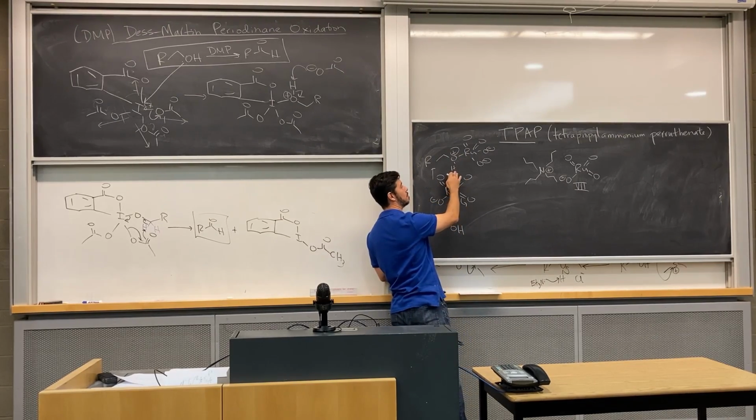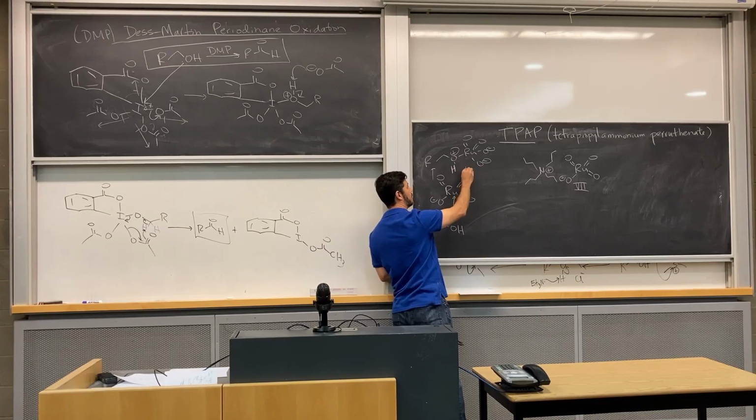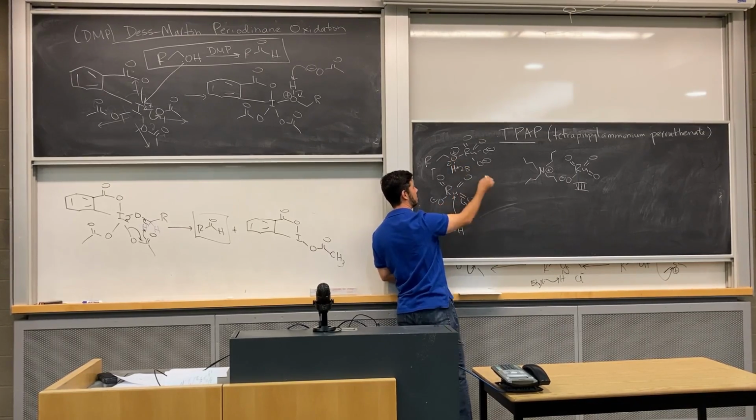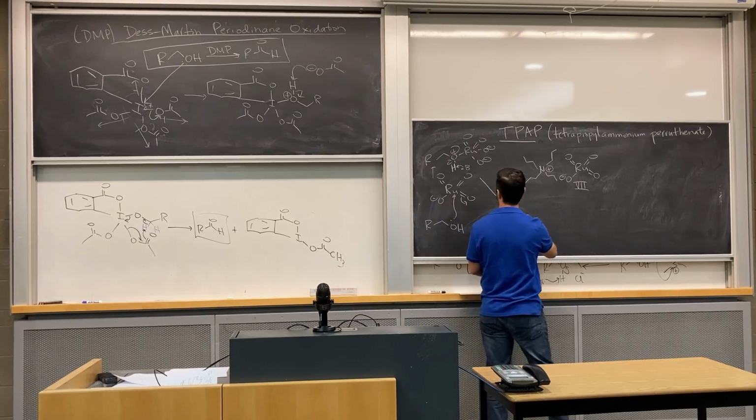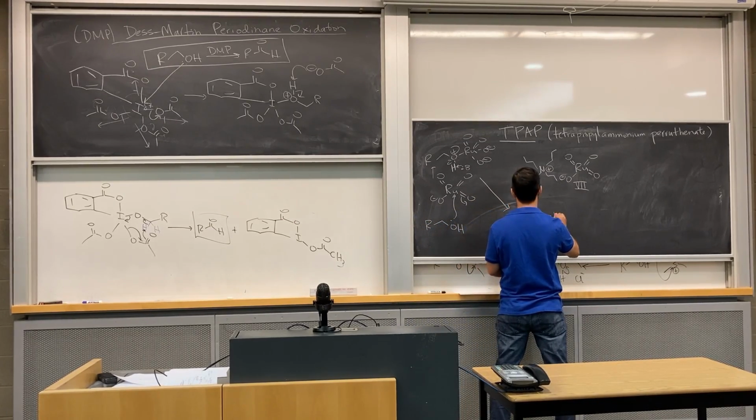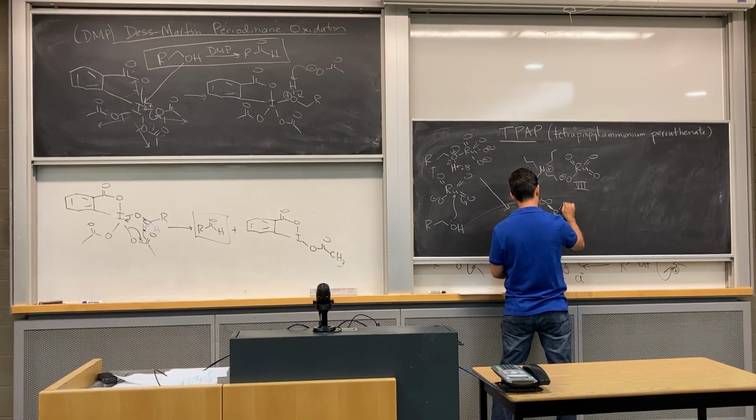You have your positively charged oxygen here, and then some type of base can come and remove that proton, like we've seen many times already. I'll just put the negative charge here. You'll see why in a second.